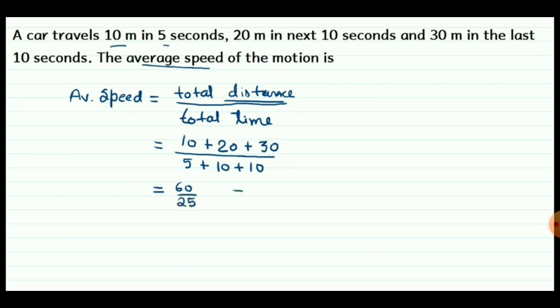When we divide 60 by 25, it gives us 2.4 meter per second square. Correct? As speed and acceleration are the same thing, the unit of speed or acceleration would be the same, meter per second square.